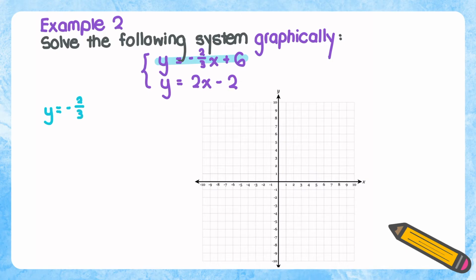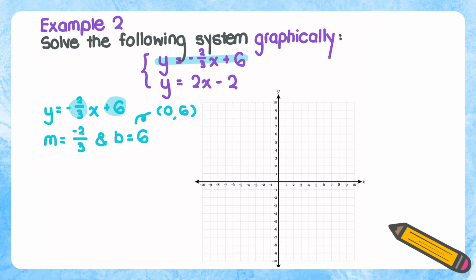Let me write it down over here. We have to find the slope and y-intercept. Our slope, m, equals negative 2/3. And our y-intercept, b, equals 6. So we can find our y-intercept as (0, 6).